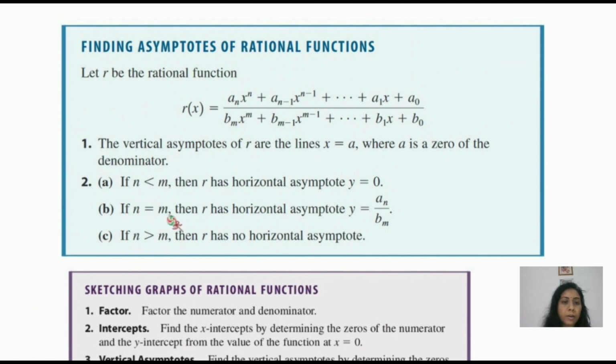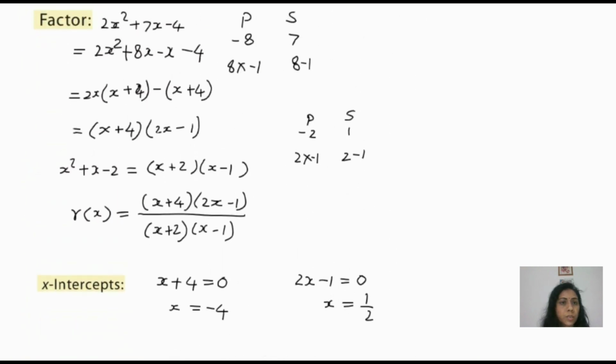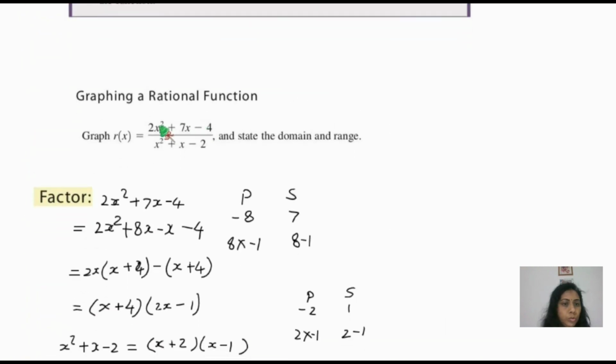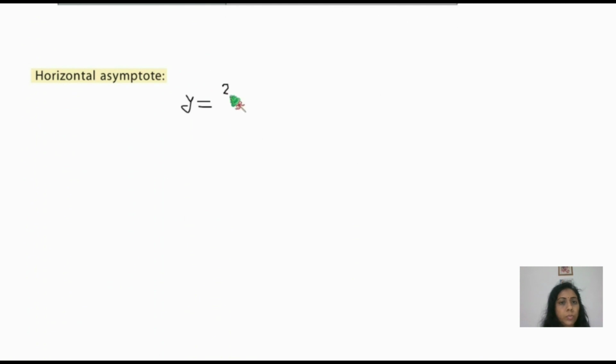So if n equals m, then R has the horizontal asymptote y = an/bm. So here the coefficient of x squared is 2 and the coefficient of x squared in the denominator is 1. So we can write 2 upon 1, which is 2. So the horizontal asymptote is y = 2.